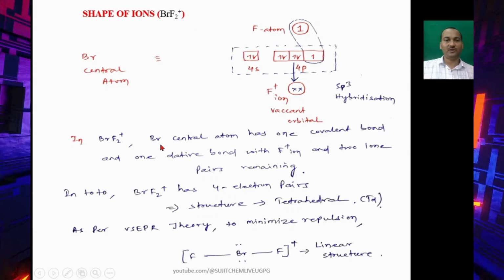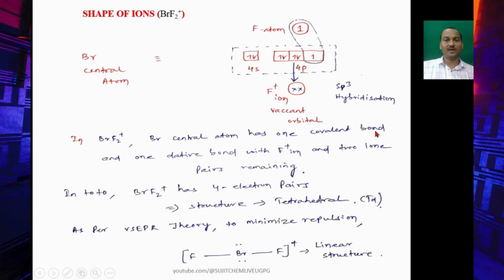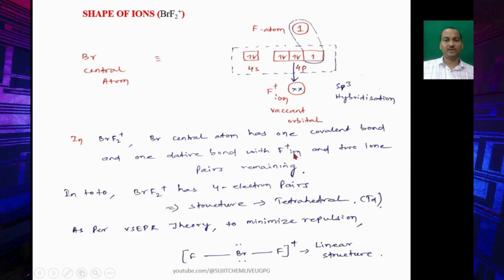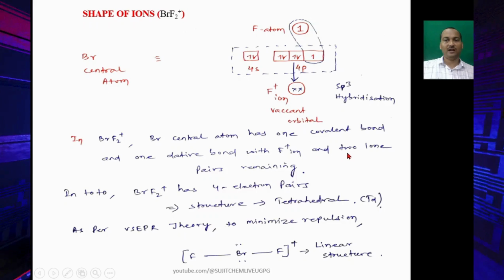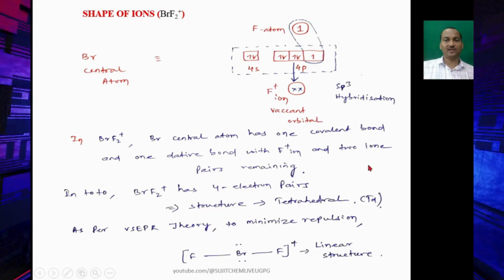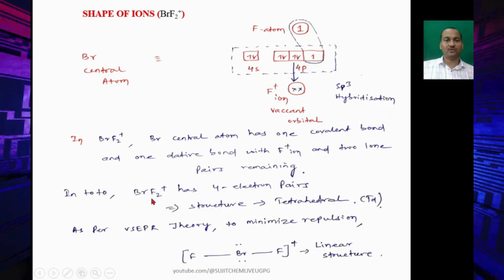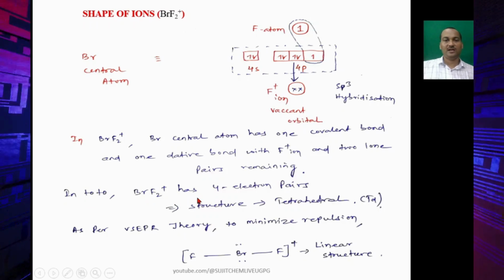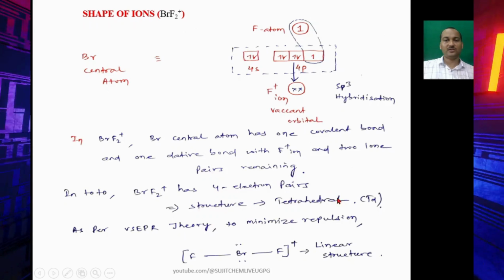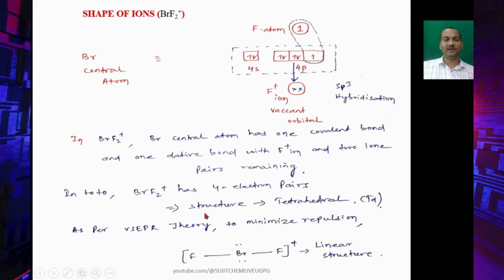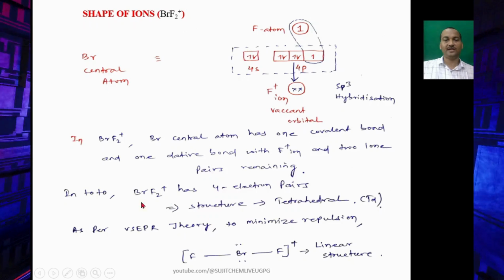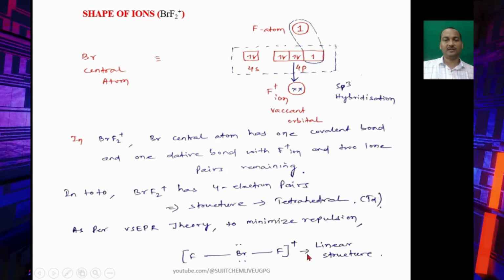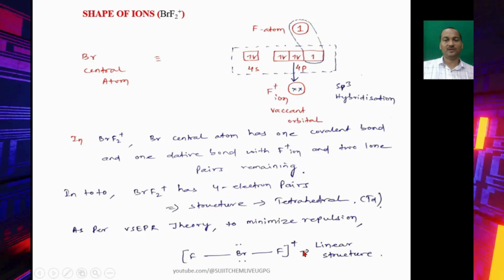So in BrF2 plus, the Br central atom has one covalent bond and one dative bond with the F plus ion, and 2 lone pairs as well. In total BrF2 plus has 4 electron pairs. So the structure should be tetrahedral, but to minimize repulsion according to VSEPR theory, it has a linear structure, BrF2 plus.